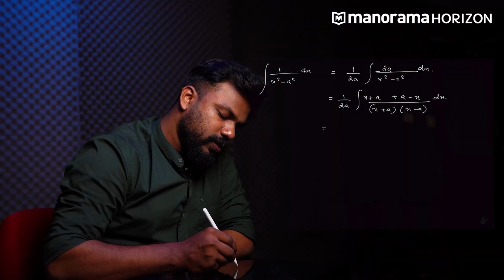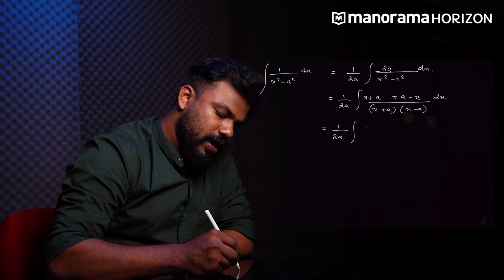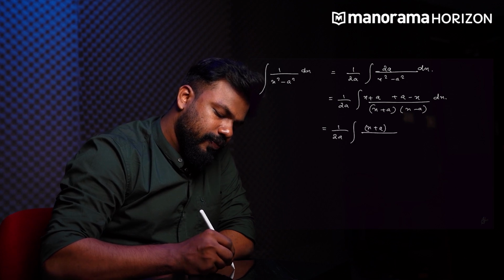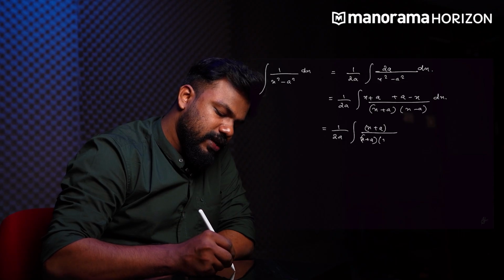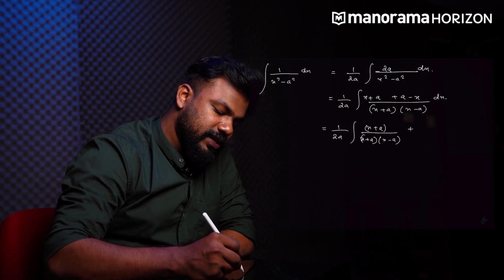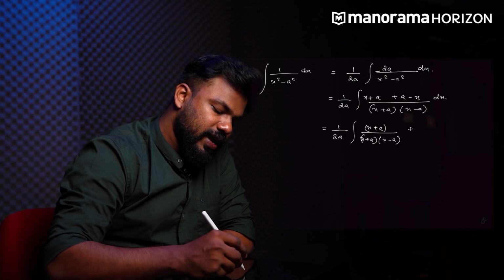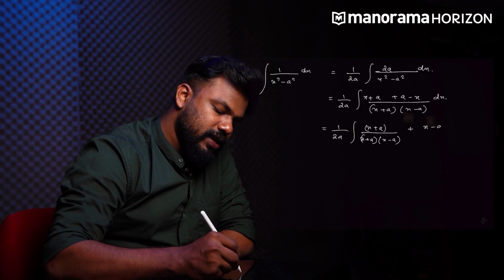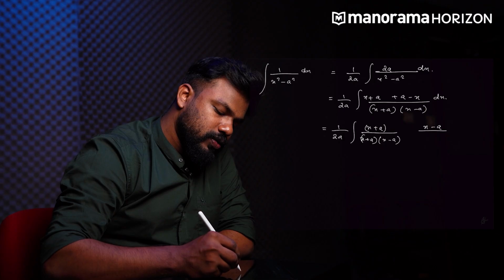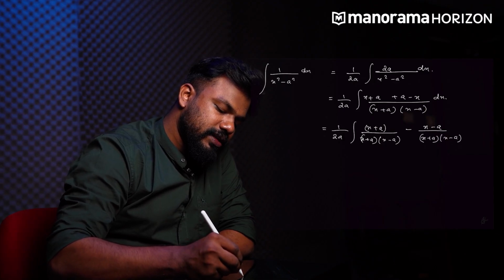Yes. So if I do that, I'll be getting 1 by 2a, x plus a by x plus a into x minus a, plus a minus x. A minus x, I can also write as minus x minus a. So minus x minus a by x plus a into x minus a dx, right?